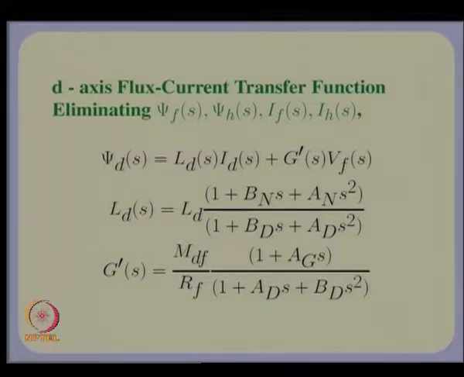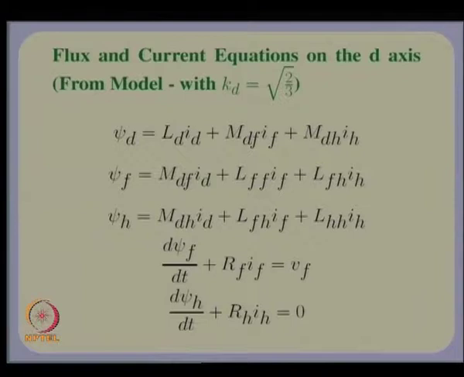Recall that V f of s is the field voltage, the voltage applied to the field winding. So, this is the nature of the transfer functions you get from this model.